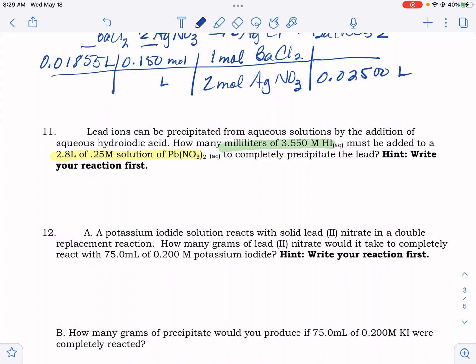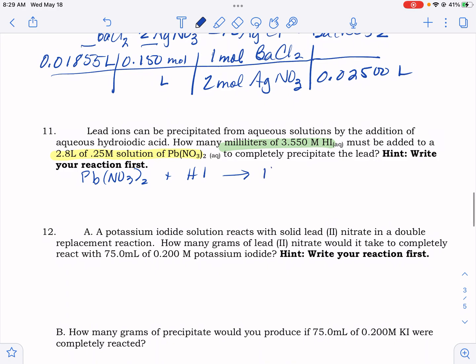So we're going to mix lead nitrate plus hydroiodic acid. The hydrogen and the lead will switch places, which means we'll have nitric acid and we'll have lead iodide. So we'll need a 2 here and a 2 there.